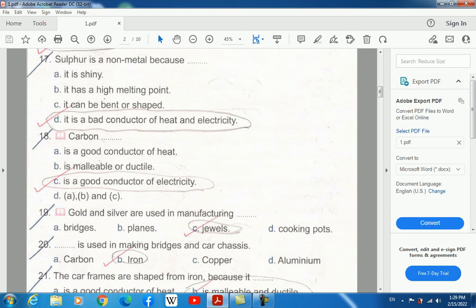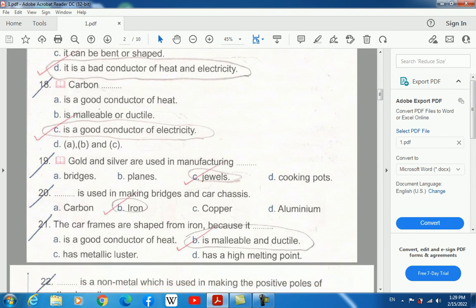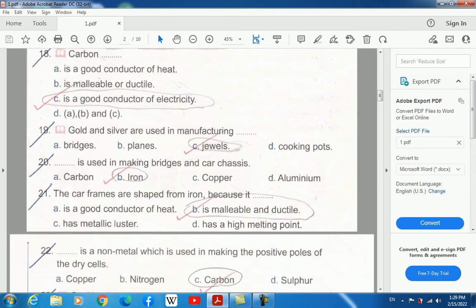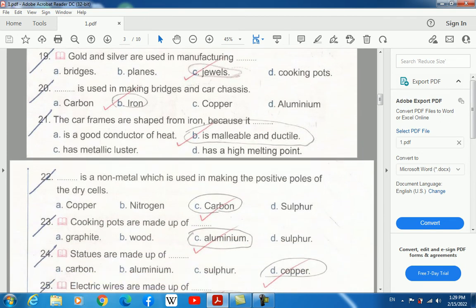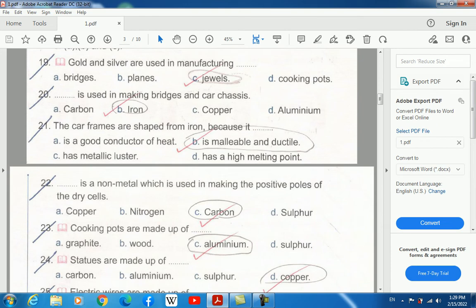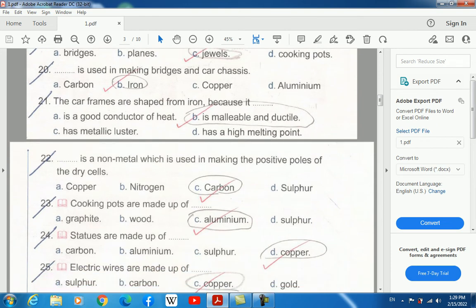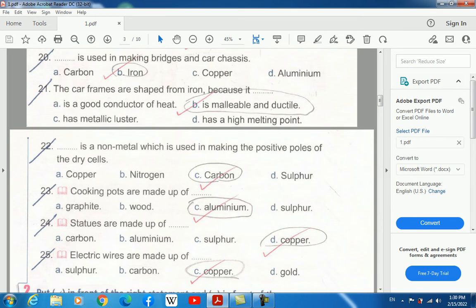17. Sulfur is a non-metal because it's a bad conductor of heat and electricity. 18. Carbon is a good conductor of electricity. 19. Gold and silver are used in manufacturing jewels. 20.